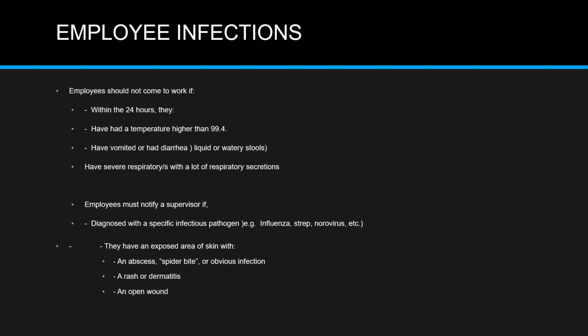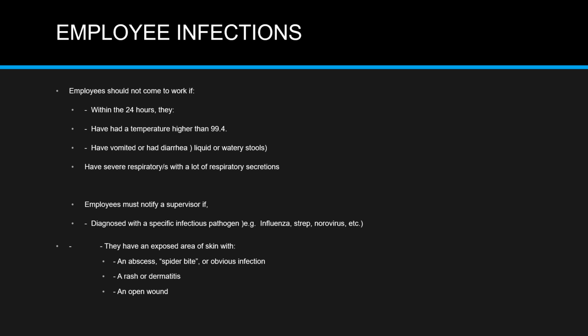Employee infections. Employees should not come to work if, within the last 24 hours, they have had a temperature higher than 99.4, have vomited or had diarrhea, liquid or watery stool, or have severe respiratory symptoms with a lot of respiratory secretions.